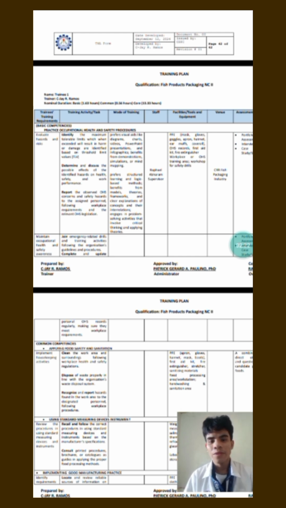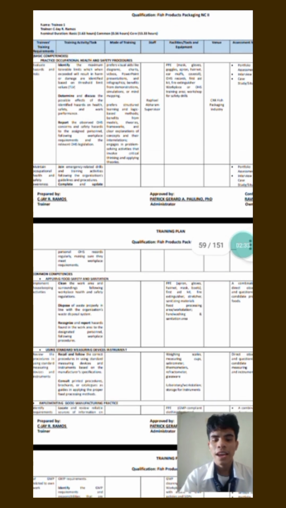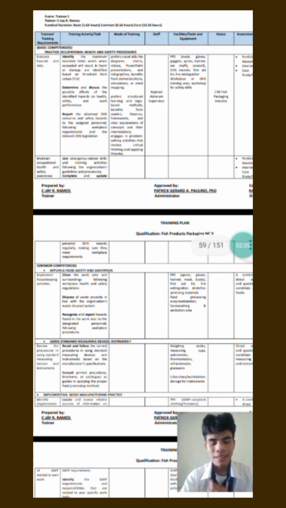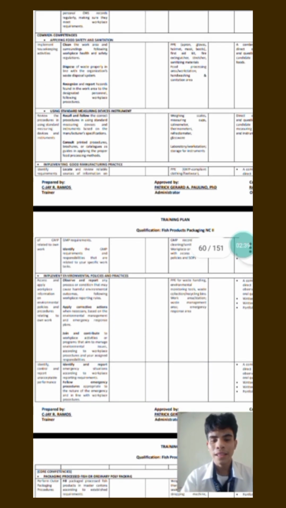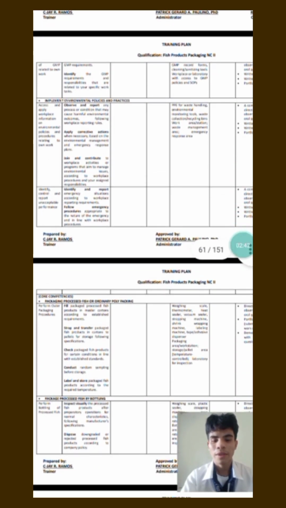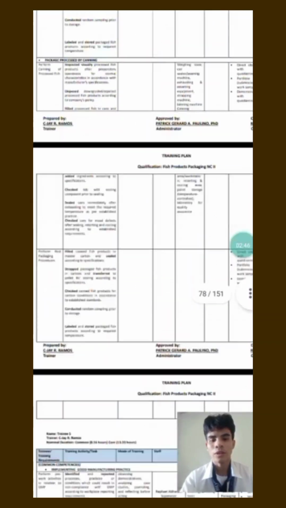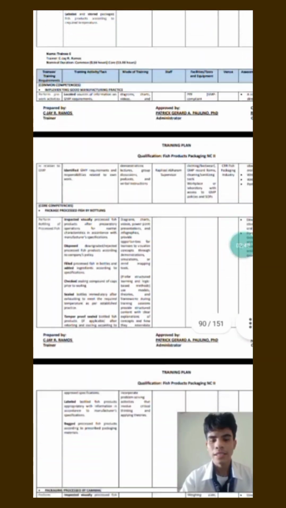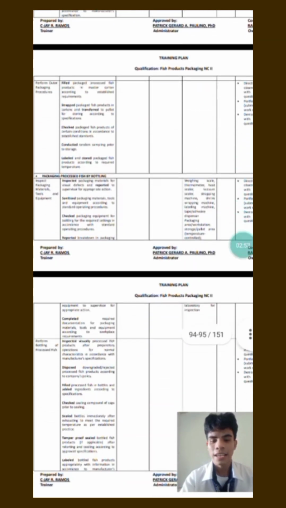So, if you can see, I made a training plan for each trainee so that I will identify the training activities that they will do to complete the necessary requirements for this qualification. All of this is based on the training needs analysis.